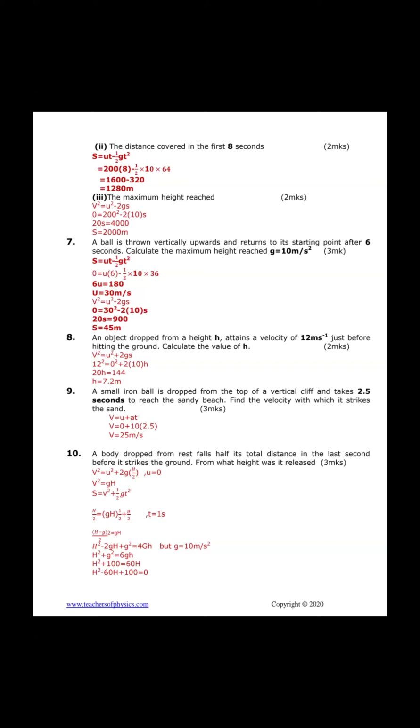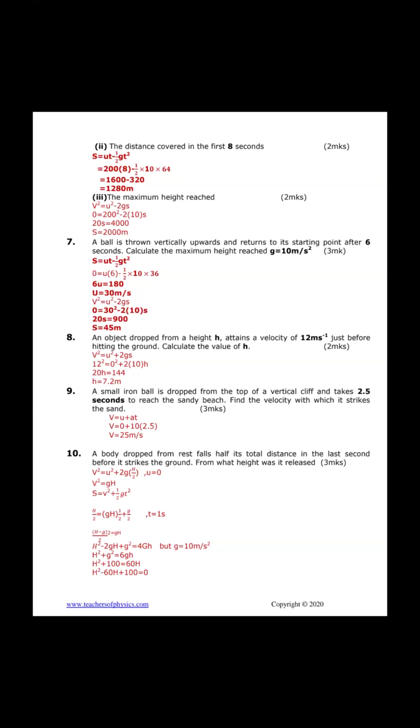It will be the opposite for vertical projection. For vertical projection, when a body is projected upwards, its acceleration A is equal to deceleration. And we know deceleration is also retardation, and it is negative.